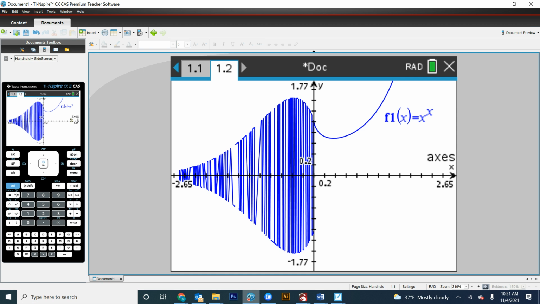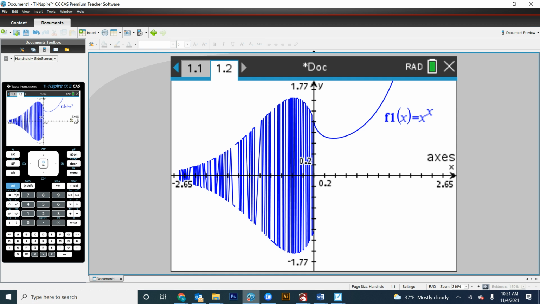-3 to the -3rd. Isn't that 1 over -3 to the +3rd? Right? But what about -3 to the -5/2?